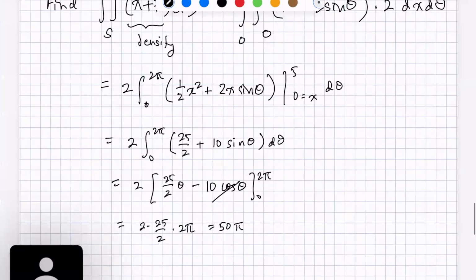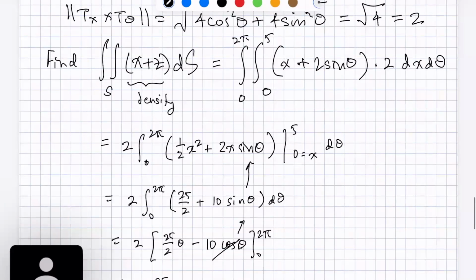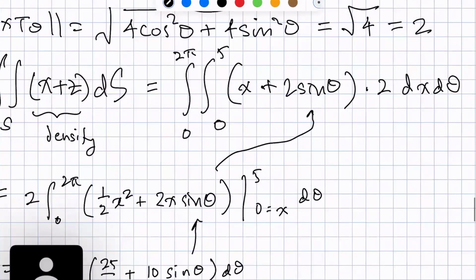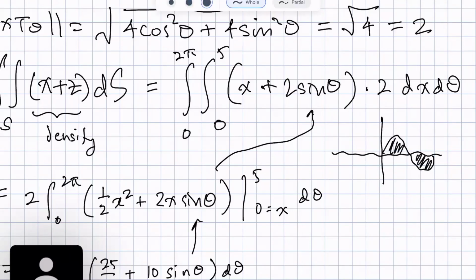Now, notice that this trigonometric part actually winds up disappearing. But where did it come from? It came from this piece right here, which only depends on theta, and theta is going from 0 to 2 pi. When you integrate sine over an entire period, there's a positive part and a negative part that cancel each other out.